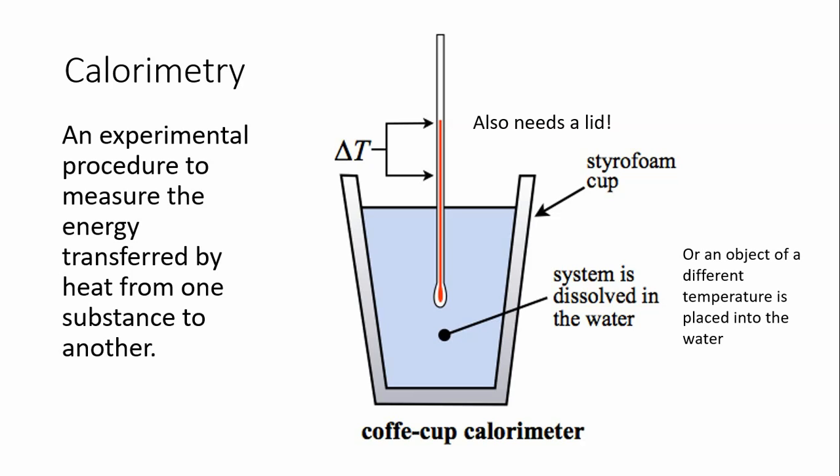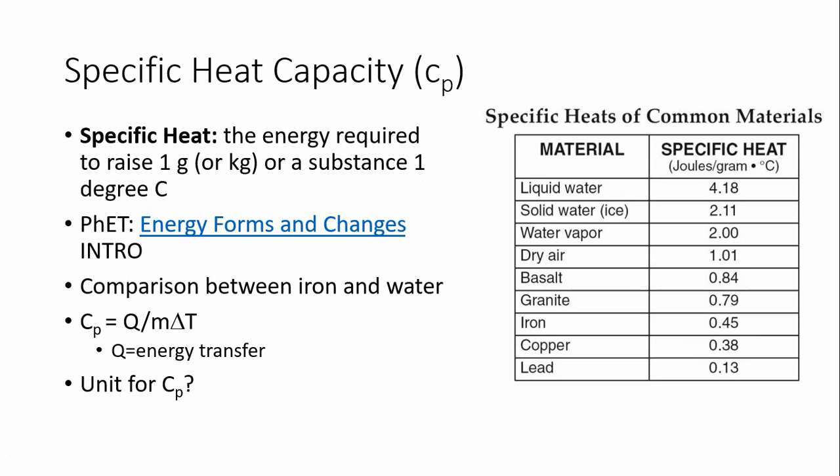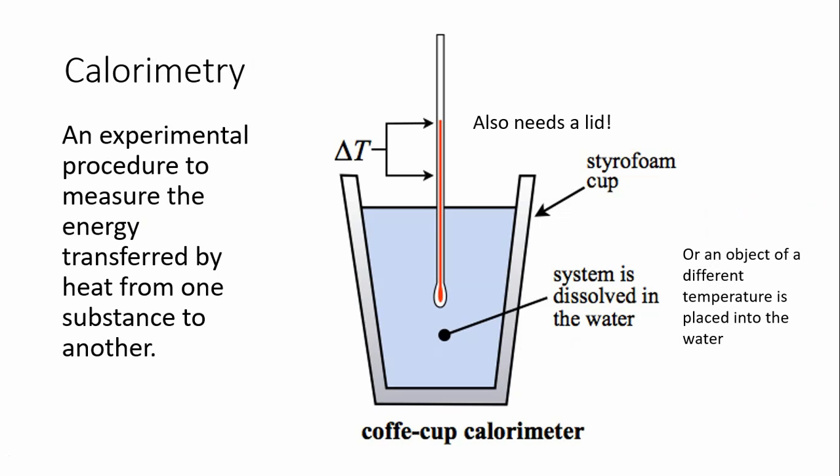And we know that temperature, of course, is related to kinetic energy. So this is a basic setup of a calorimeter. It has a reservoir full of water. We have a known mass of water, that's important for our specific heat calculation. We know that liquid water has a specific heat of 4.18 joules per gram degrees Celsius.